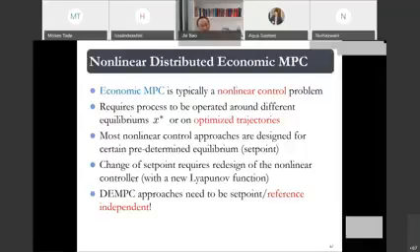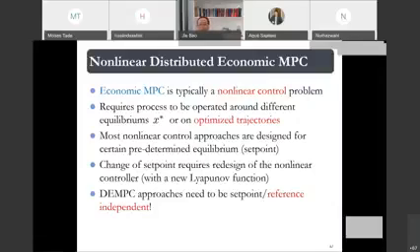That works fine for regulatory control with a constant set point. But if the set point is varying all the time, it doesn't work, because when you change the set point, in theory, you have to redesign the Lyapunov function and the nonlinear controller. It doesn't work.